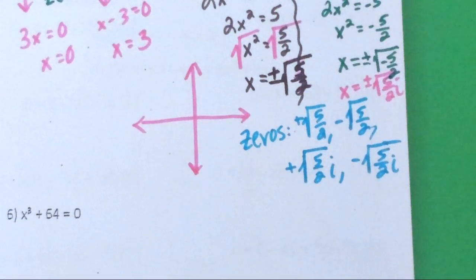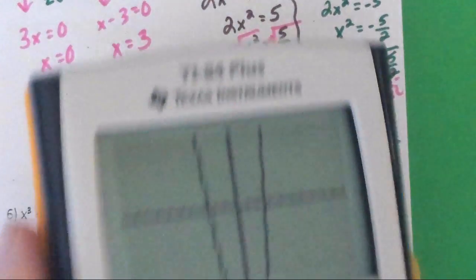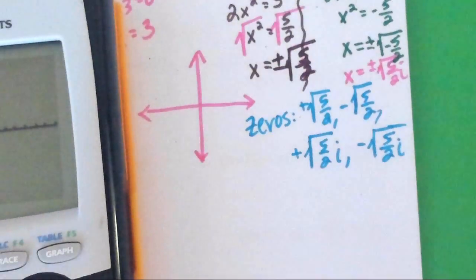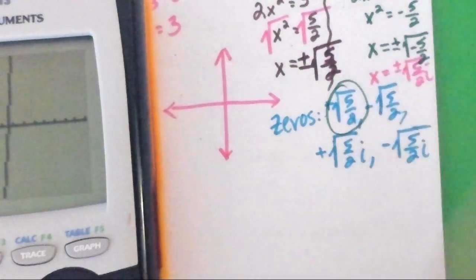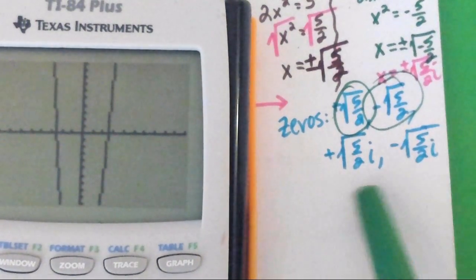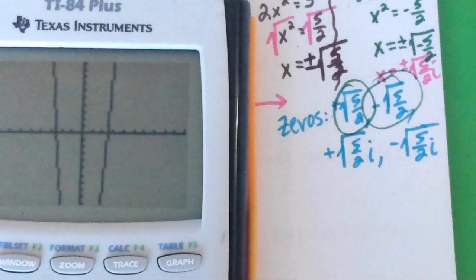If we were to graph y equals 4x squared minus 25 right now, which we don't get to on the next test because that's cheating, but if we were to graph it, you'd be surprised it only crossed twice. Why did it only cross twice? It only crossed at positive square root of 5 over 2 and negative square root of 5 over 2. The imaginary ones, it doesn't cross the x-axis there.